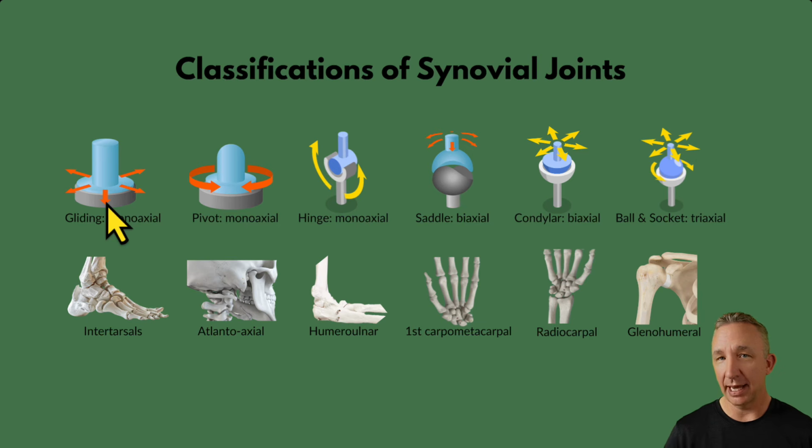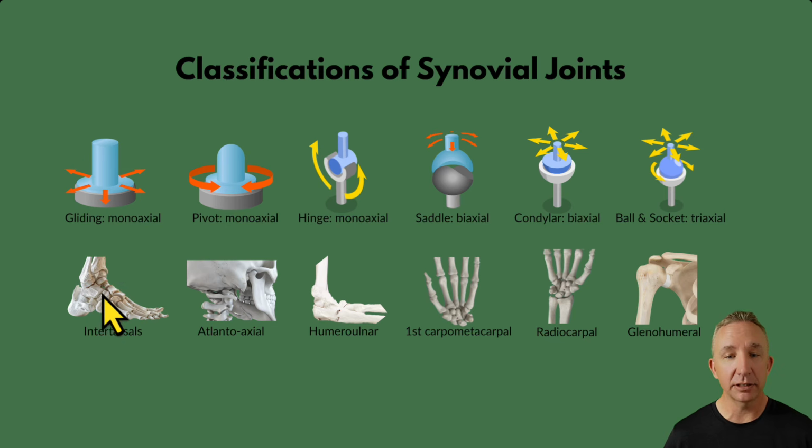And because of that, they can be movements in different ways. So you notice I called them monoaxial or uniaxial, meaning they only move on one plane, but it depends on the ligaments. In some cases, you can have more than one plane or movement with this type of joint. So as I look at a gliding joint, what I'm describing here is the tarsals.